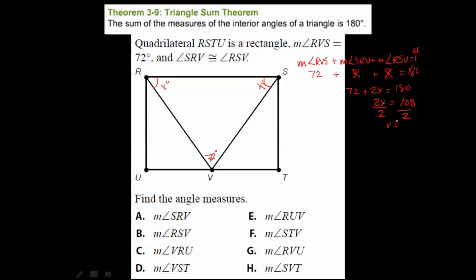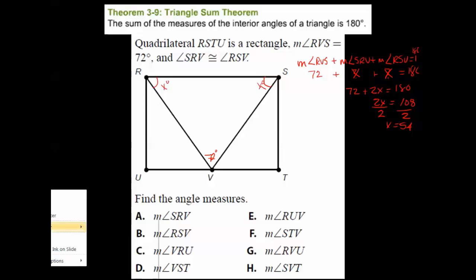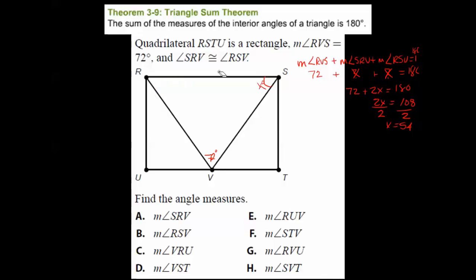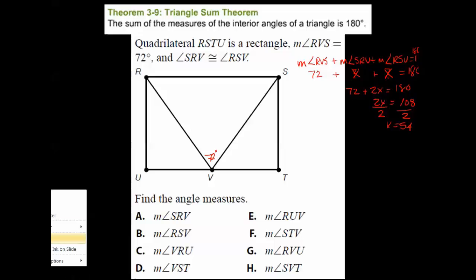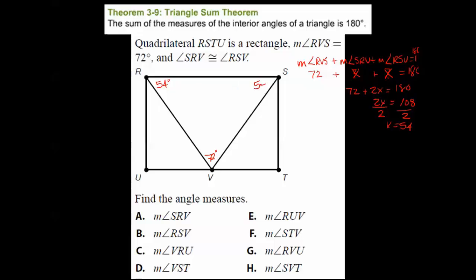I get x equals 54. So both of these angles up there are 54 degrees. Let me get my eraser. Let me erase all that, because that information right there is going to help me find the measure of my other angles.